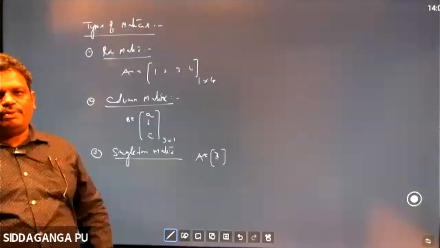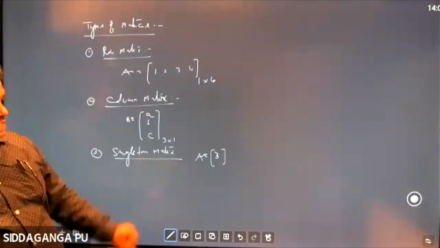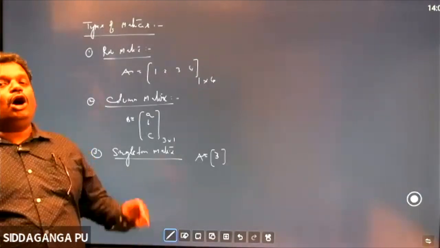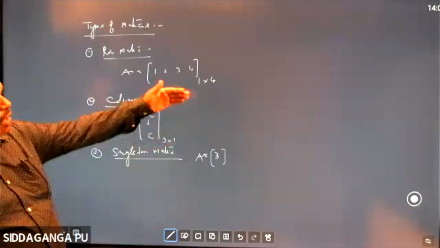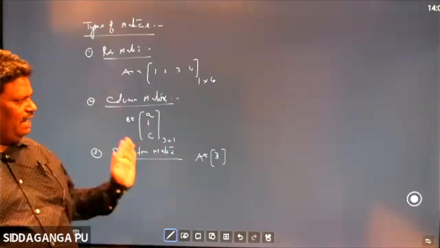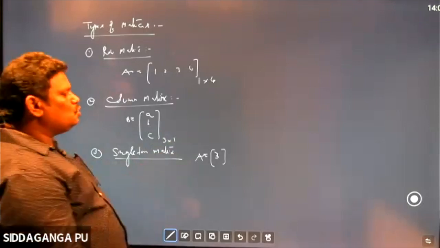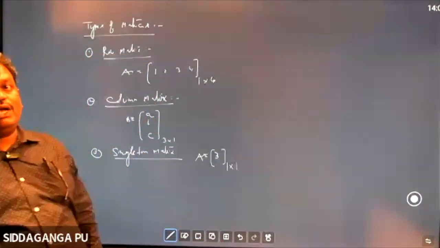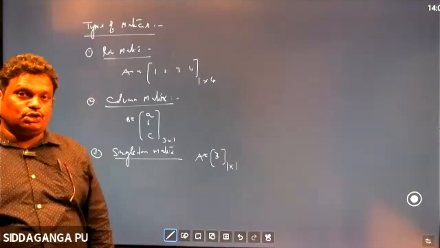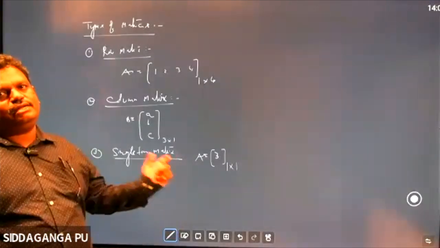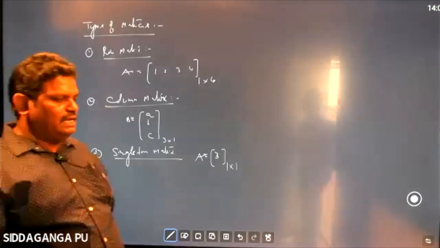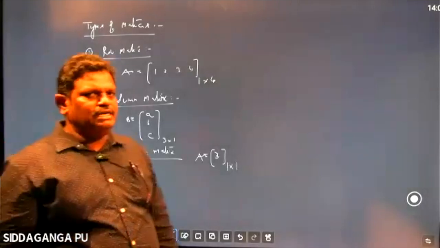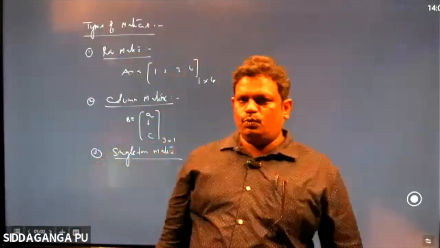What is the order of this singleton matrix? Counting top to bottom, only one row; left to right, only one column. So the order of any singleton matrix is 1 by 1.